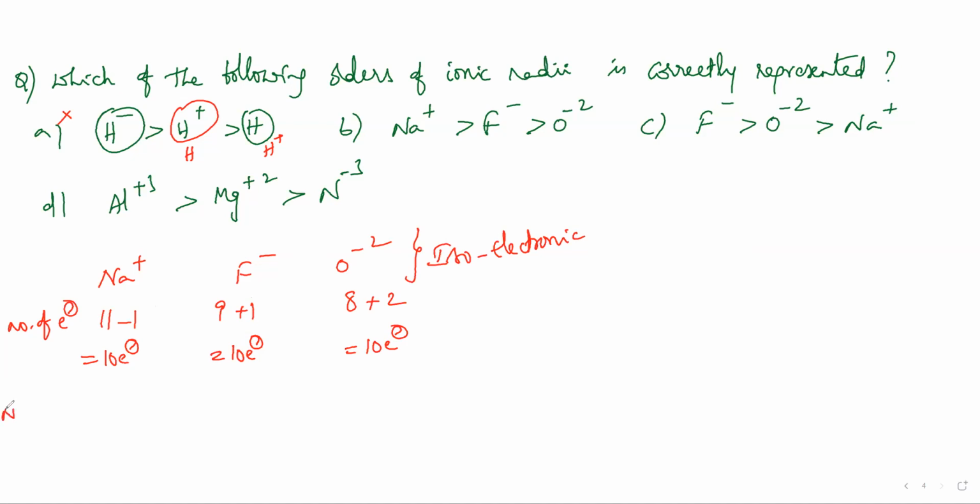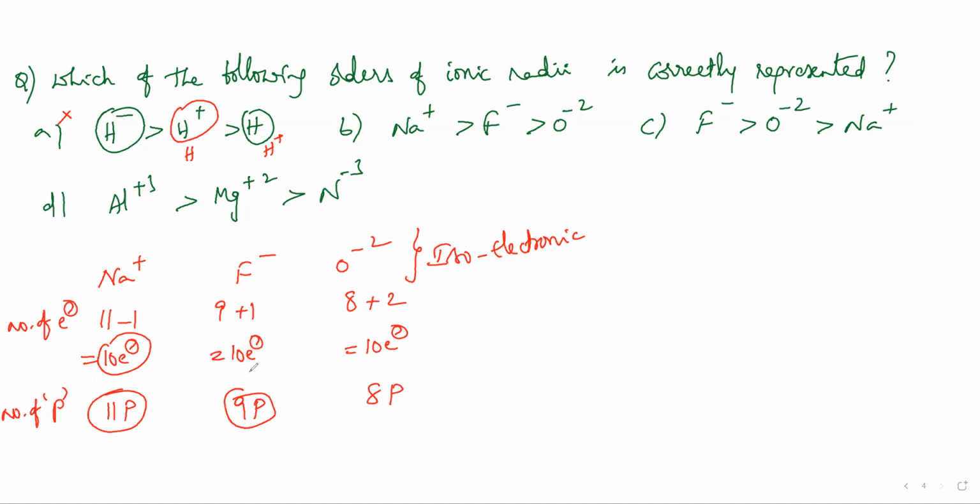Now, number of protons, you tell me. Sodium has atomic number 11, so 11 protons, fluorine 9 protons, and oxygen 8 protons, right? So who has more protons? Sodium. 11 protons can attract these 10 electrons more strongly, whereas 9 protons cannot attract 10 electrons as strongly, so its size will be more than Na plus.